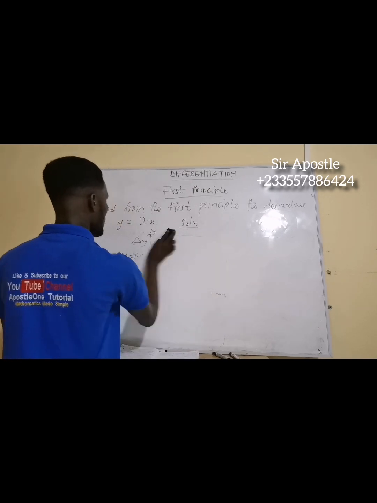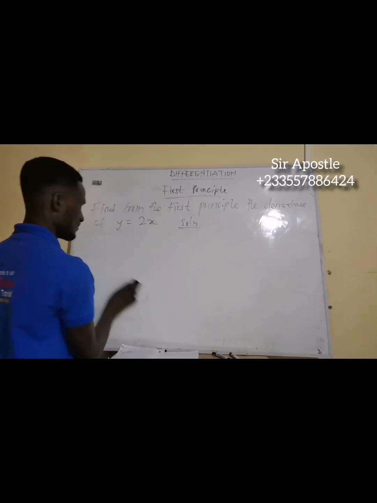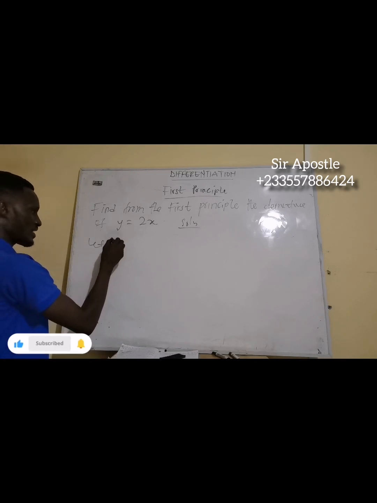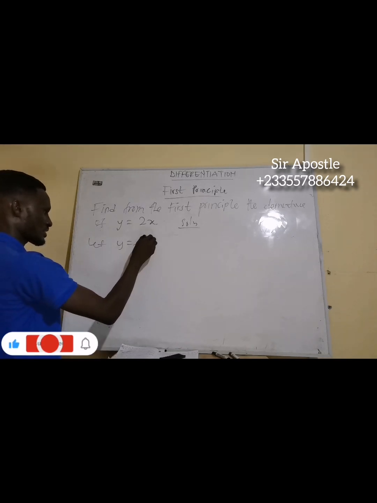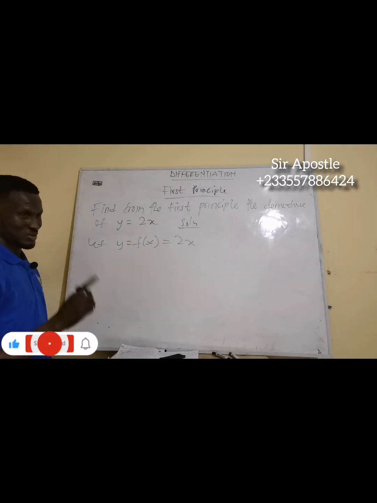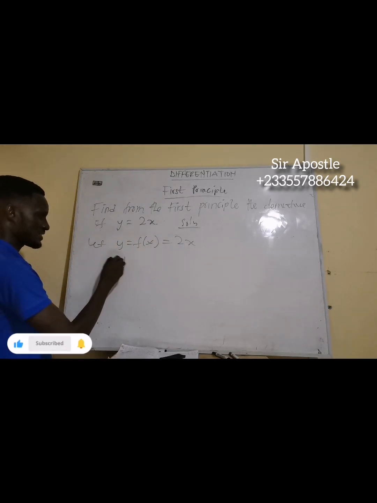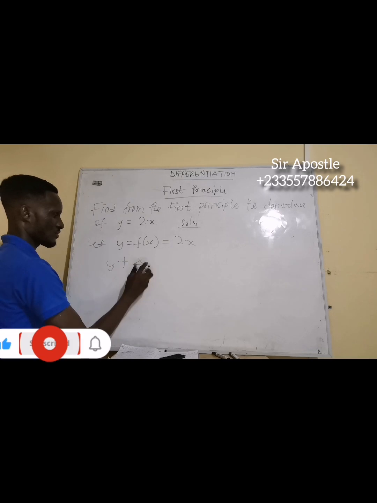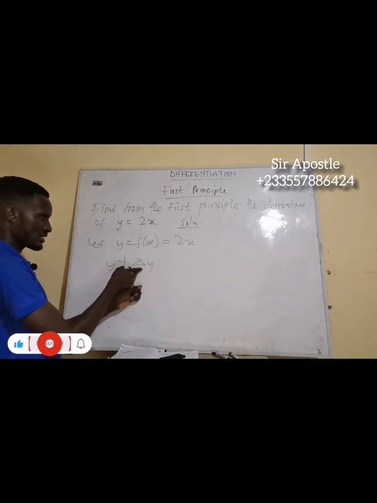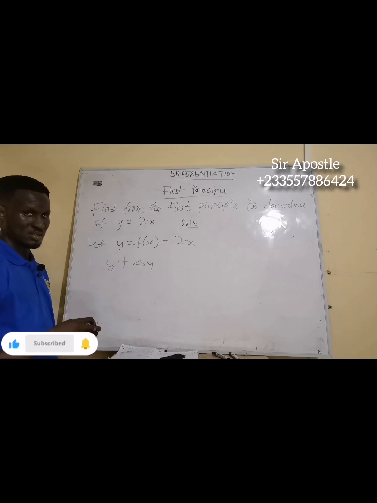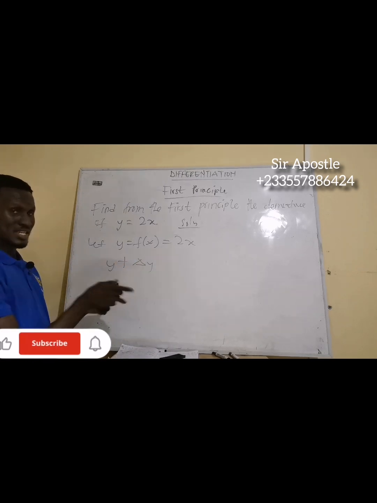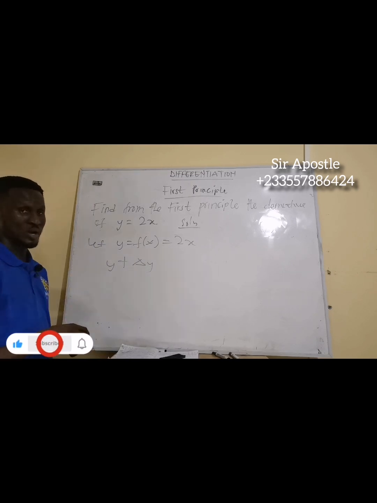So with the delta method, if I have y, which is the same as f of x, and the same as 2x, one thing you're supposed to know is that anytime y is changing, then the x is also supposed to change, because the change in x will correspond to the change in y.